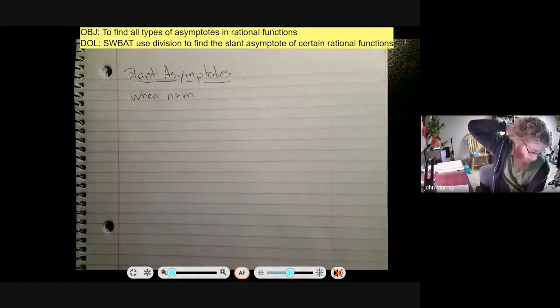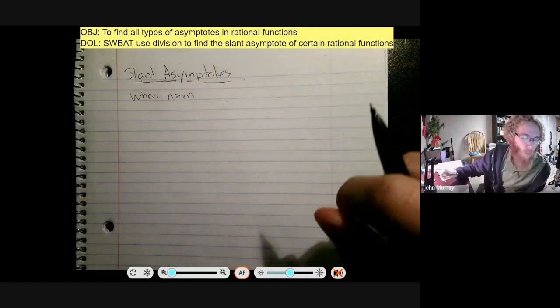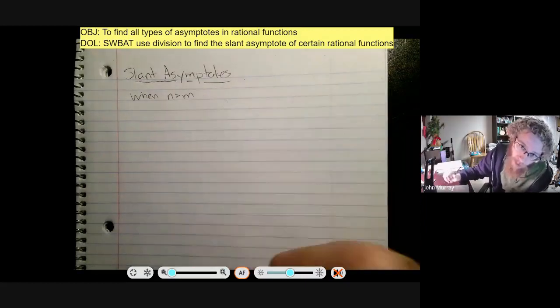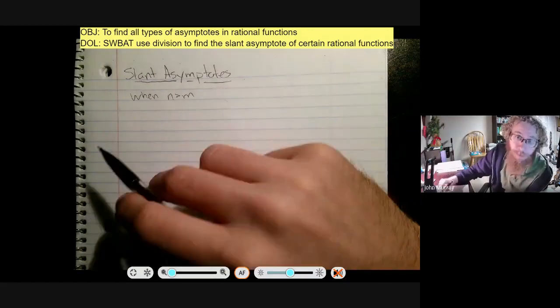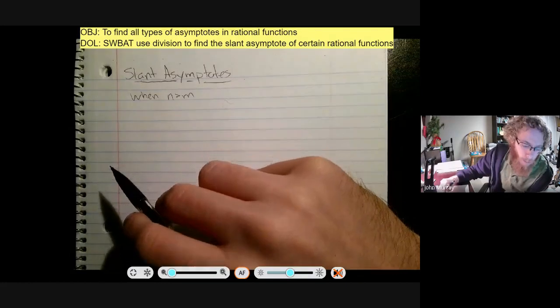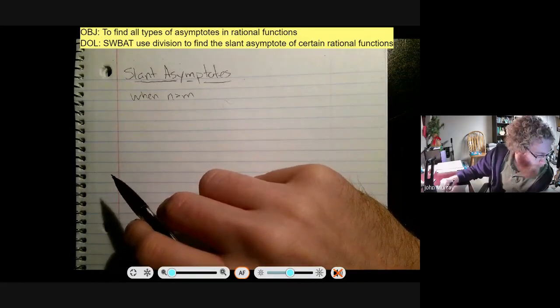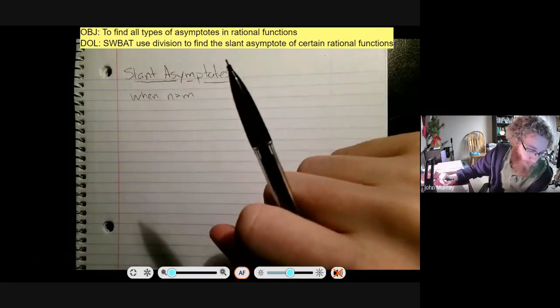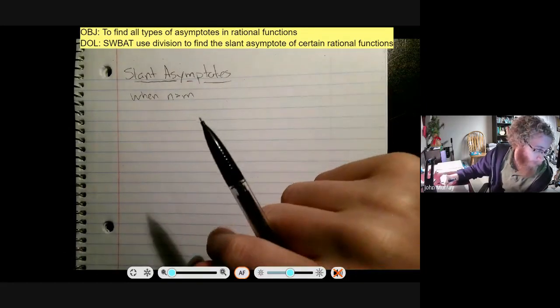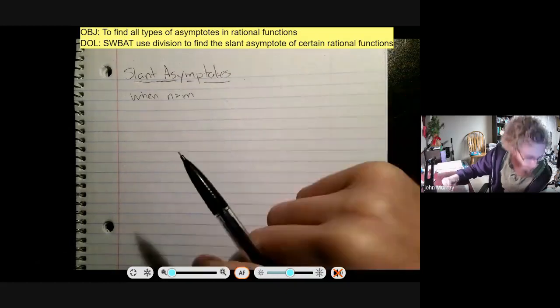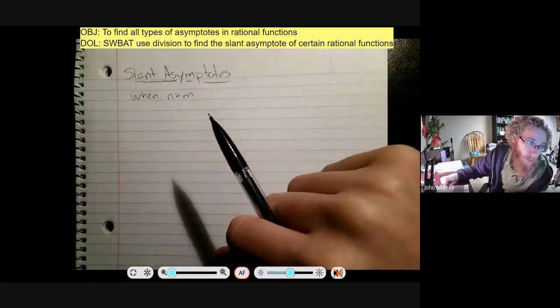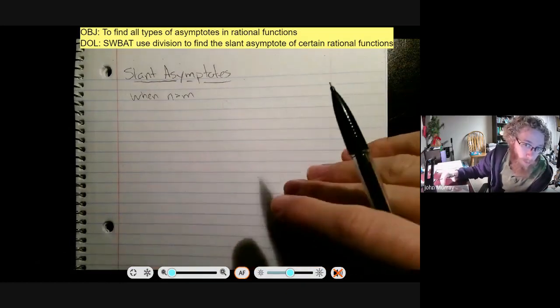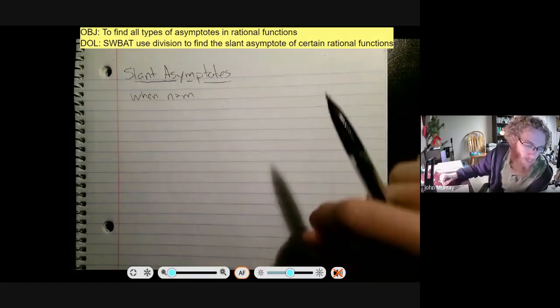Okay, so today we are going to talk about the last part of our rational functions, and that is slant asymptotes. When we were going through our rules for horizontal asymptotes, we had three rules. If the degree of the denominator is greater than the degree of the numerator, then you automatically have the line y equals 0.